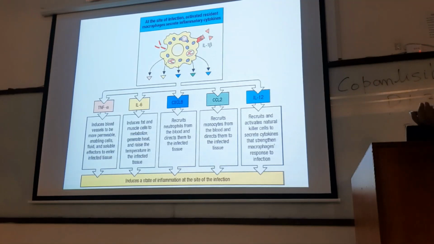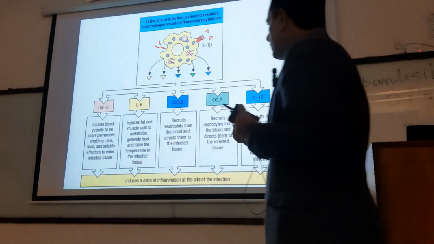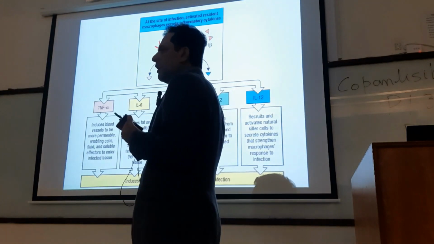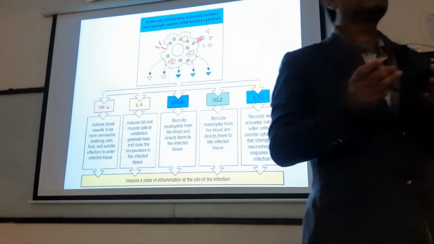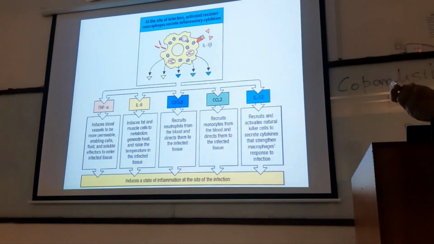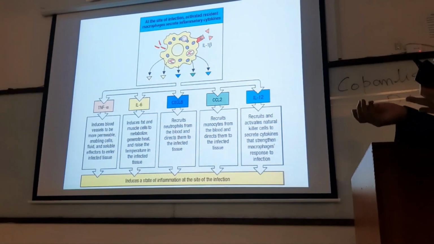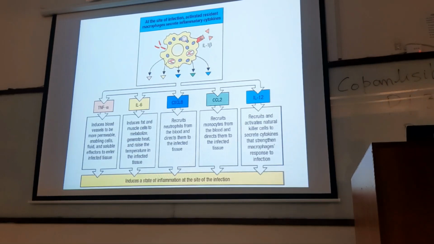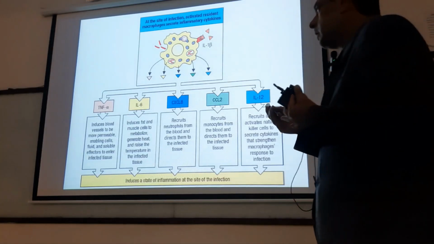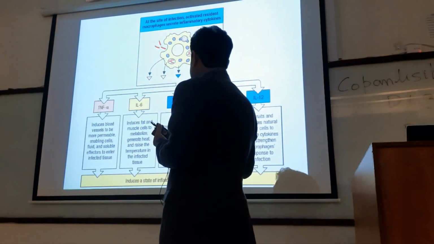Okay, so why are the neutrophils needed at the site of inflammation? Because just like the macrophages, neutrophils are also phagocytes, and they are going to engulf the pathogens that are present at the site of infection. They are going to help the macrophages to clear the pathogens from our bodies.